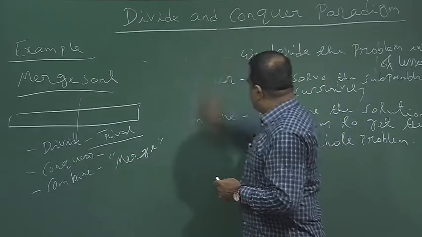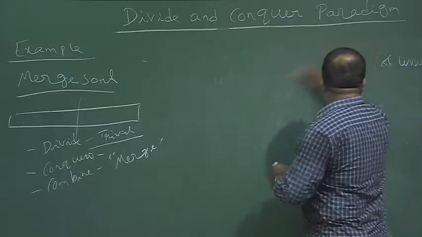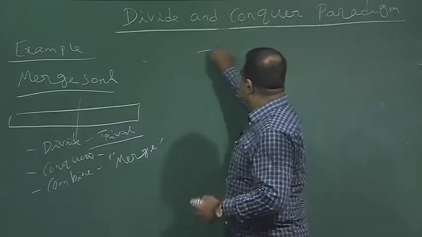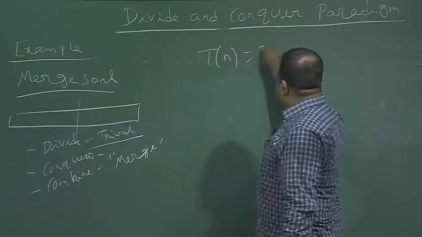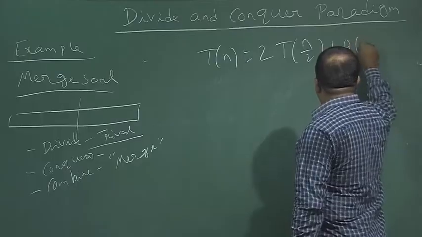So, now we have the recurrence of merge sort, which is basically T(n) = 2T(n/2) + theta(n).